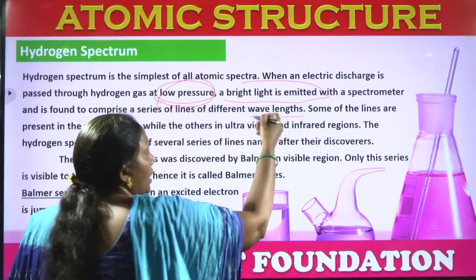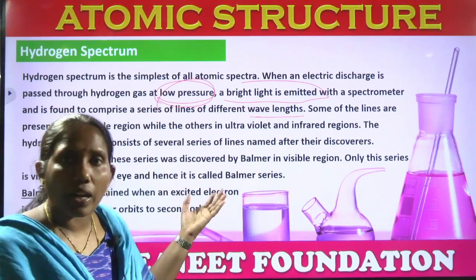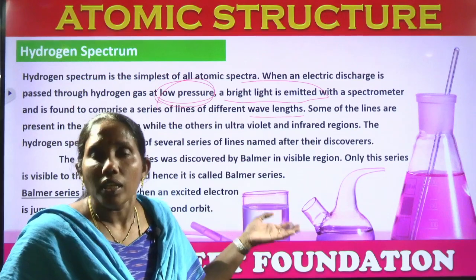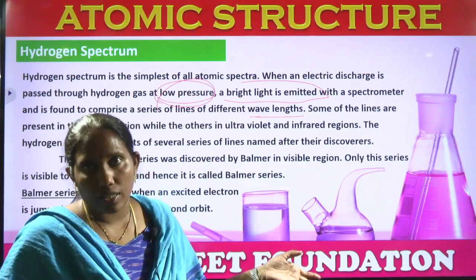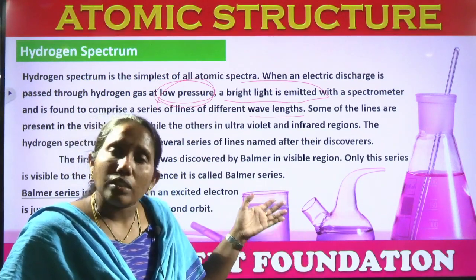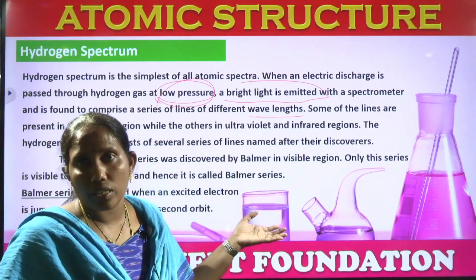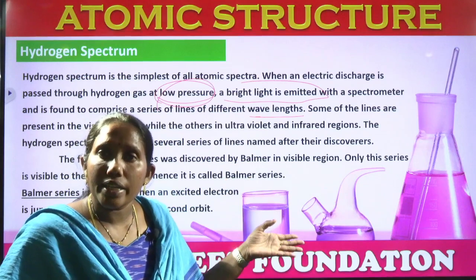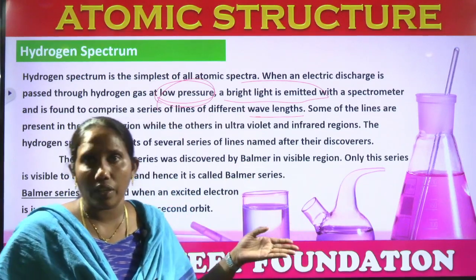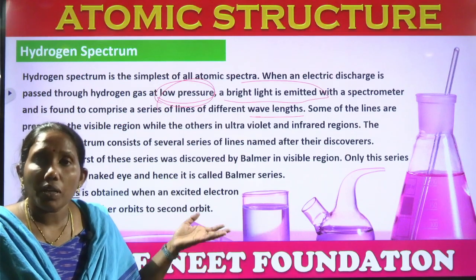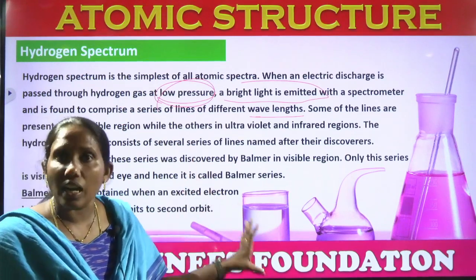See, the spectrum means different types of colors we are observing. Those different colors are nothing but different wavelengths. In VIBGYOR, the red wavelength is different, the indigo wavelength is different, the orange wavelength is different. So those radiations falling at different wavelengths give different colors. That is what we study as spectral lines.